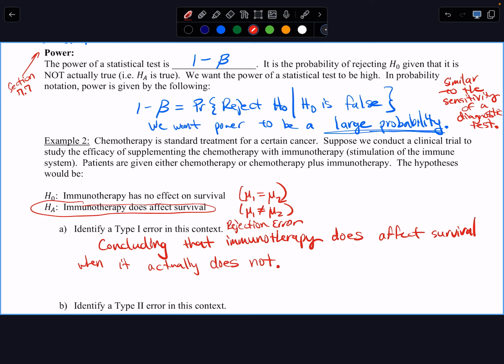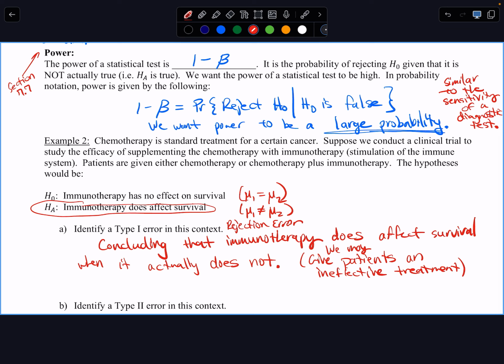The consequences or implications from that is that we may give patients an ineffective treatment. So we don't want to make a type 1 error here.